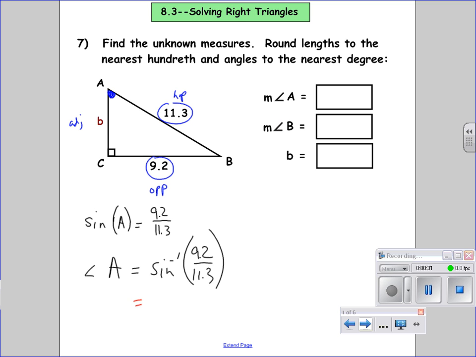And your calculator obliges and says angle A is 54.5. If you do second inverse sine in your calculator, you should get 54.5. I'm just going to leave it 54.5 this time because I worked it that way.